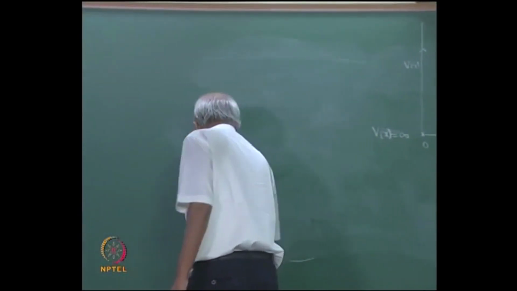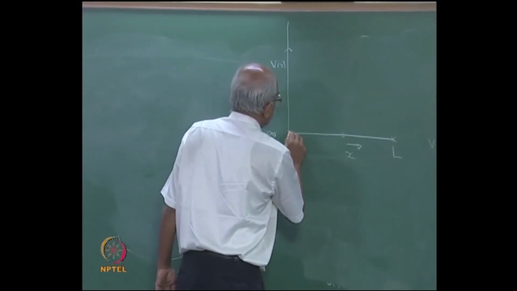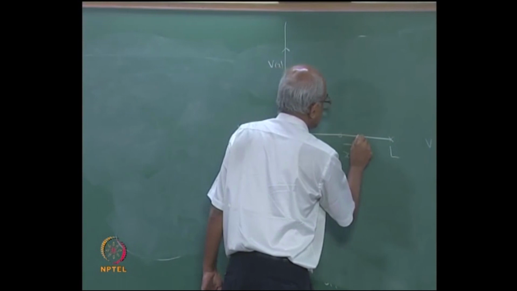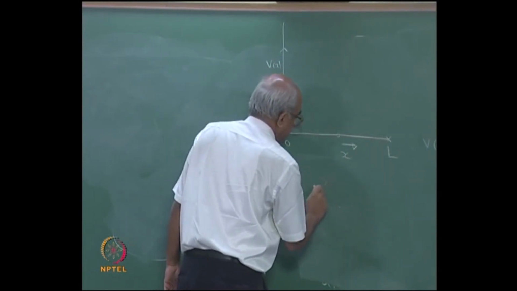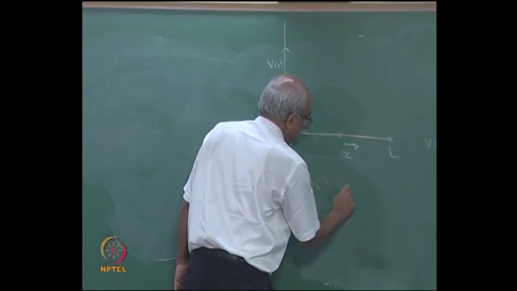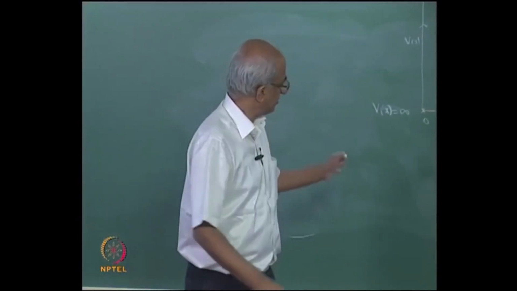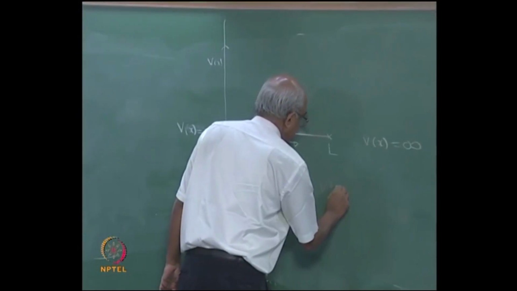Then I am going to assume that the potential energy is 0 if the particle is in this region within the box. That means, if x is between 0 and L, the length of the box, V of x is assumed to be 0.